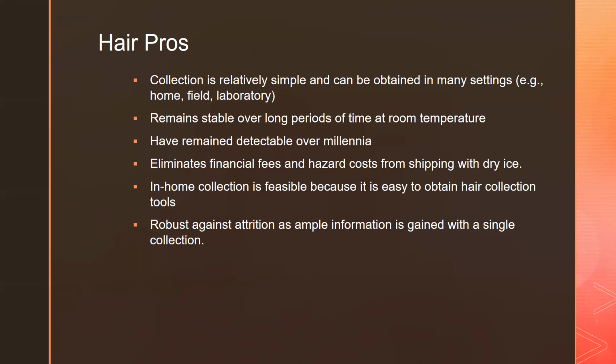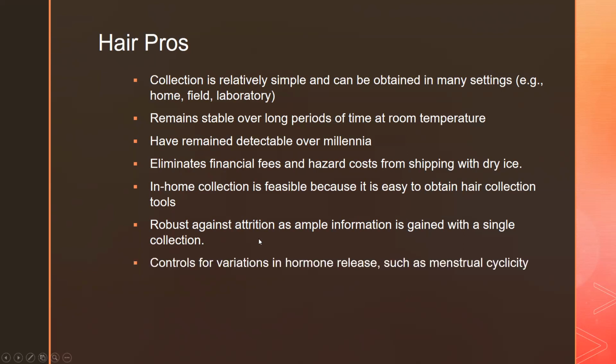It's robust against attrition rate, as ample information is gained with a single collection. So as opposed to getting a state measure of a hormone over a month where you have to get multiple samples, one collection will get the job done. I say robust attrition rate, but as we get into pros and cons, we'll talk about something else there a little later.